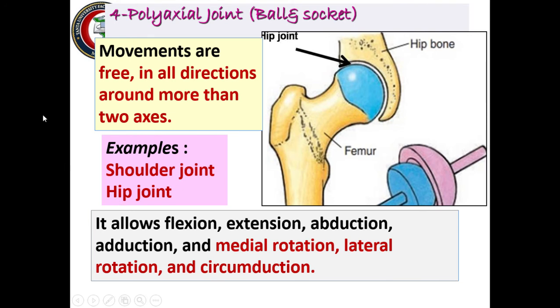In the polyaxial joint, the movements are free in all directions and we have more than two axes. The best examples: the shoulder joint and the hip joint. The movement allows flexion, extension, abduction, adduction, medial rotation, lateral rotation, and the sum of all previous movements called circumduction.